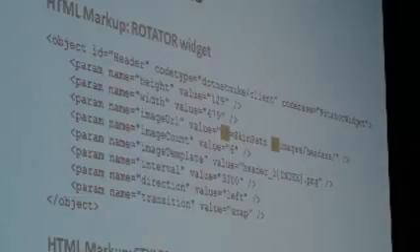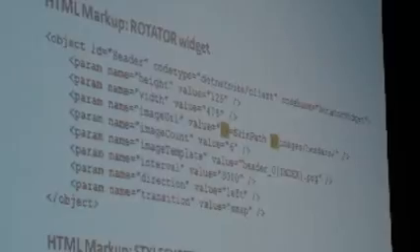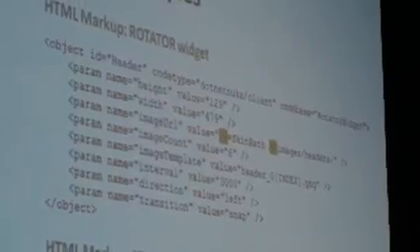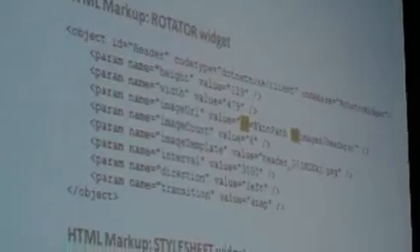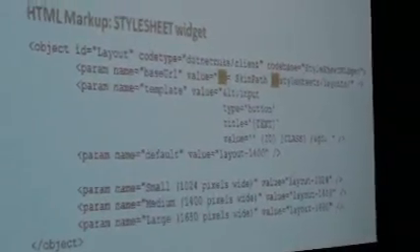I want it to go from right to left, and I want them to pop versus blend. So obviously, we'll have documentation that tells you how to use that rotator widget, because there's a bunch of other properties that allow you to really customize it. But as you can see, the approach is very consistent with that of the server-side objects, and it's exactly the same.